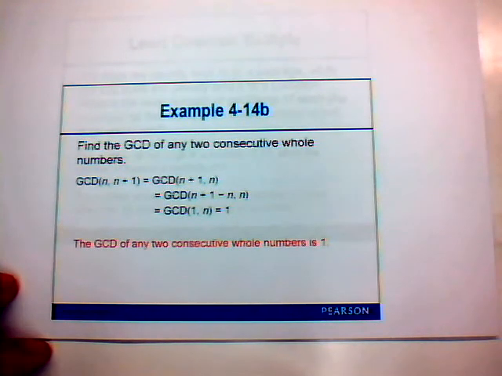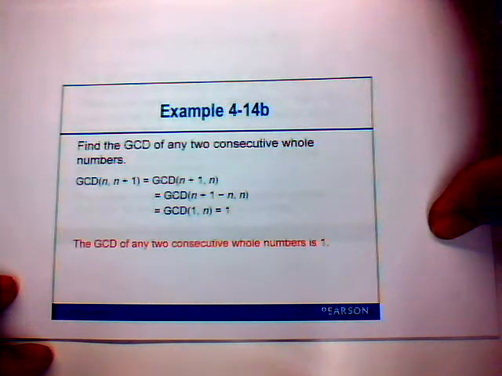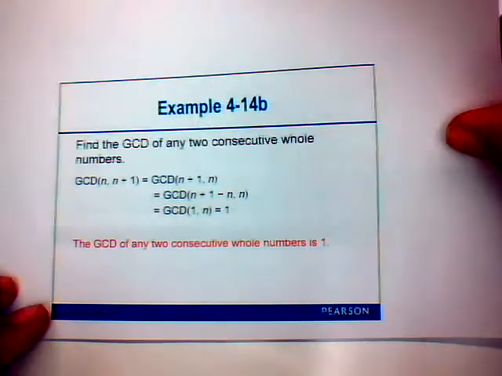So the greatest common divisor of any 2 consecutive whole numbers will be 1. So for 13 and 14, the GCD is automatically going to be 1, because 13 and 14 have no common factors other than 1.